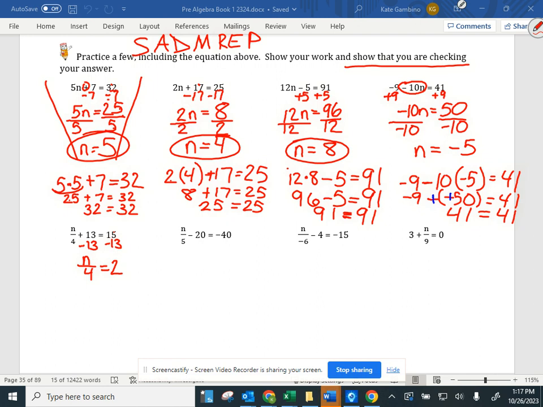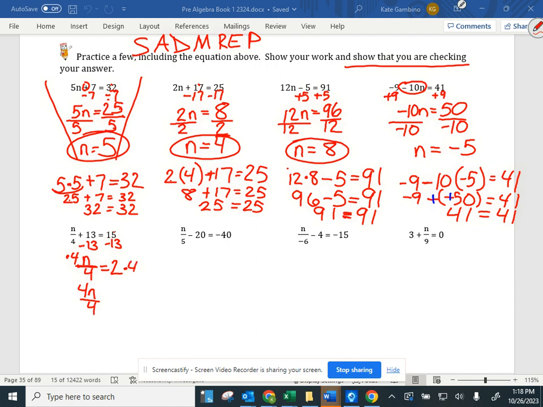What's my next step, Dominic? I have n over 4. Yeah, because n over 4, that fraction bar I've been telling us, fraction bar means divide. So the opposite of divide is multiply. So I'm going to multiply by 4. So what that means is this becomes 4n divided by 4.